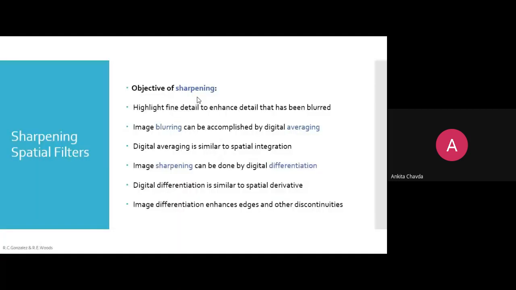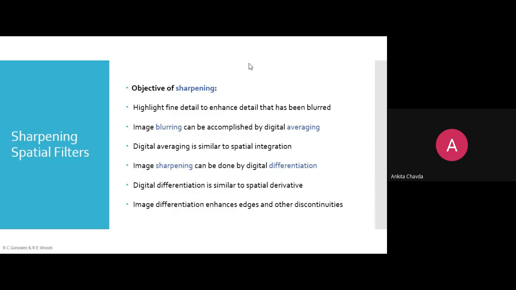So next is sharpening spatial filters. What is the objective of this sharpening? Why are we using this sharpening? I hope I'm connected with you guys, right? Yes, ma'am. Okay. So what is the main objective of sharpening?